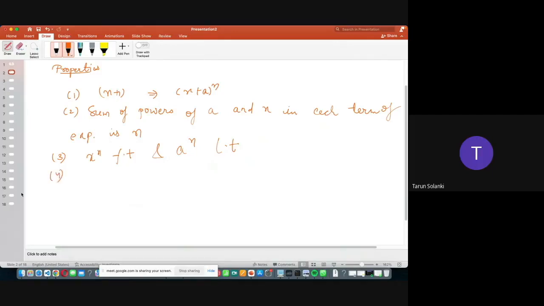Okay. Next is if nCx is equal to nCy, then either x is equal to y, or you can say x plus y is equal to n.